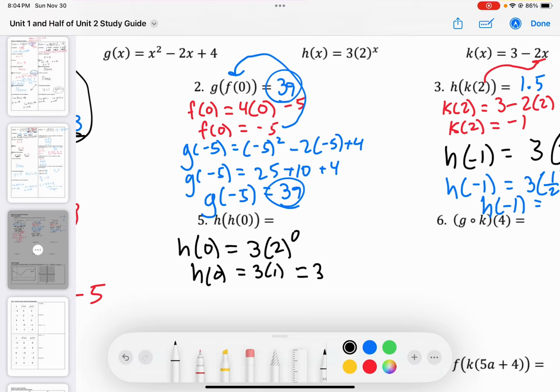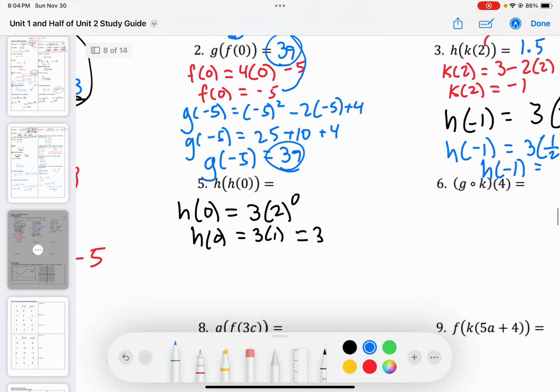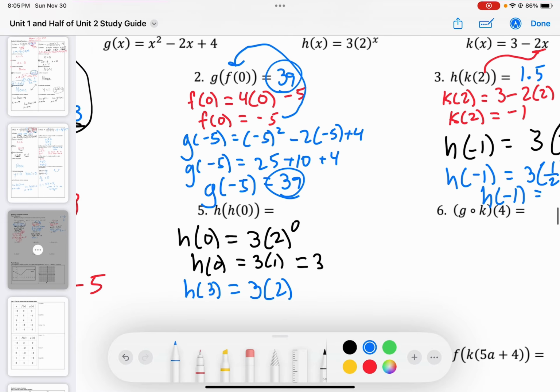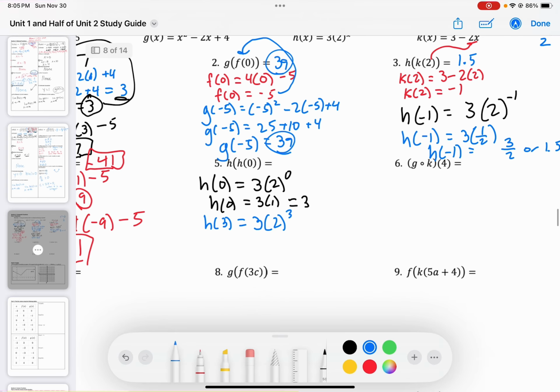So now I'm going to input 3 into h. So we get the h of 3 is equal to 3 times 2 to the 3rd. And 2 to the 3rd means 2 times 2 times 2, which is 8. And so the h of 3 equals 3 times 8, or 24.